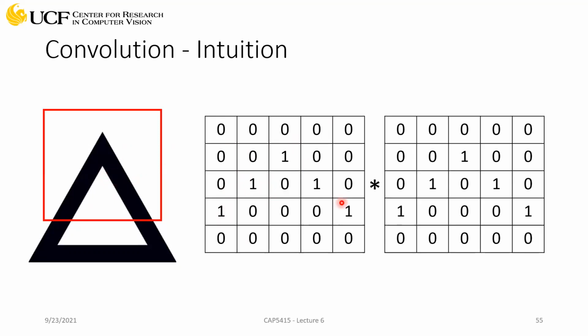And you can see that your kernel was exactly the same, right? Now, if you perform filtering of this kernel on this image patch, you can do the math. It's going to give you a number 5, because all the 5 positions will perfectly match and you will get 1 for each location. So just sum those up, it's going to give you 5.